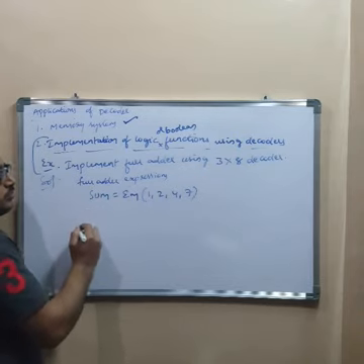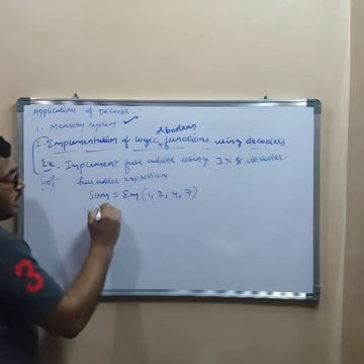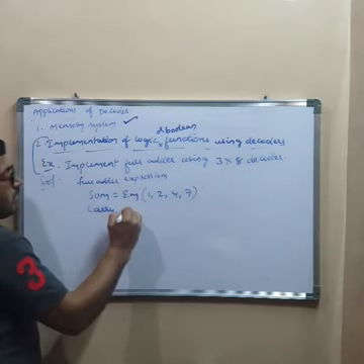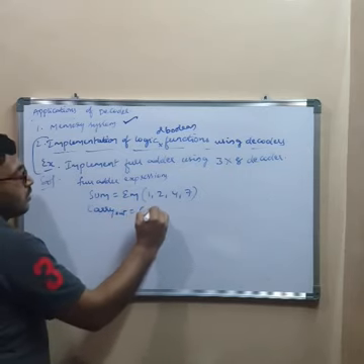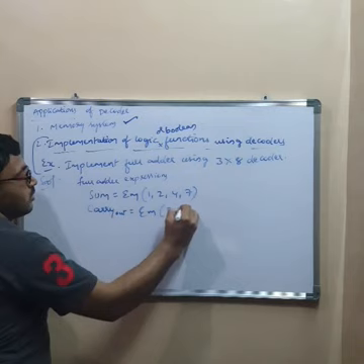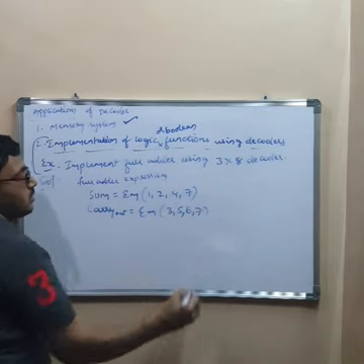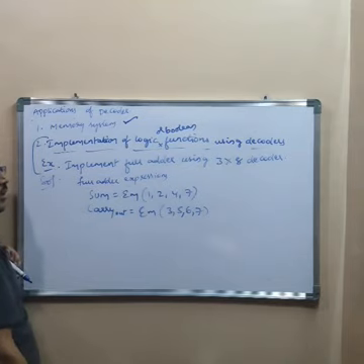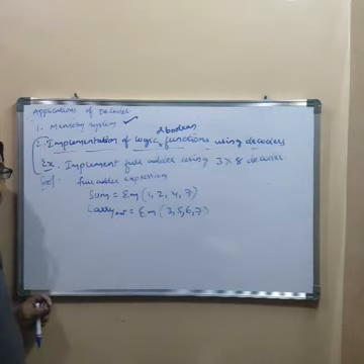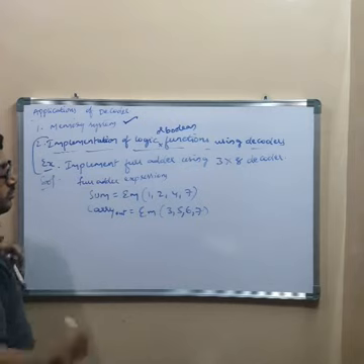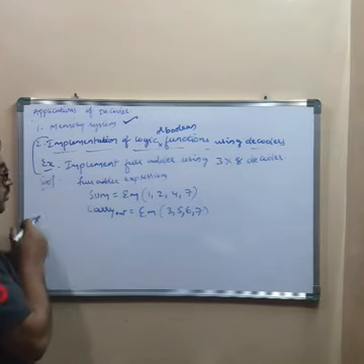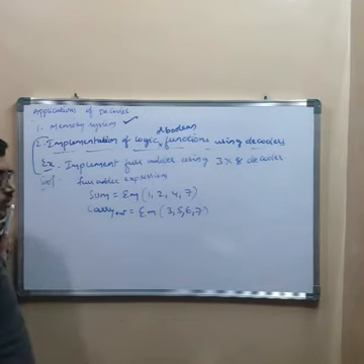Next, carry out is equal to summation of minterms 3, 5, 6, 7. Right? So these two are the expressions for full adder.